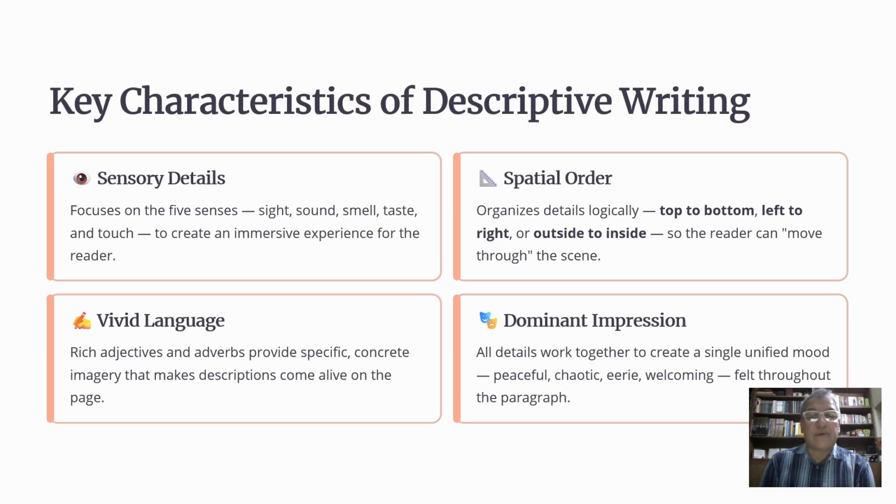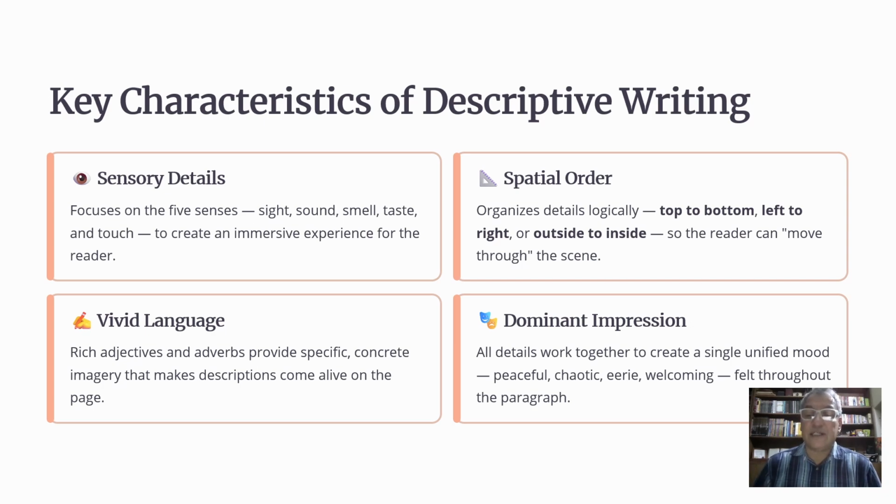When you write a descriptive paragraph, I show the key characteristics. First, sensory details. Focus on the five senses, sight, sound, smell, taste, and touch, to create an immersive experience for the reader.